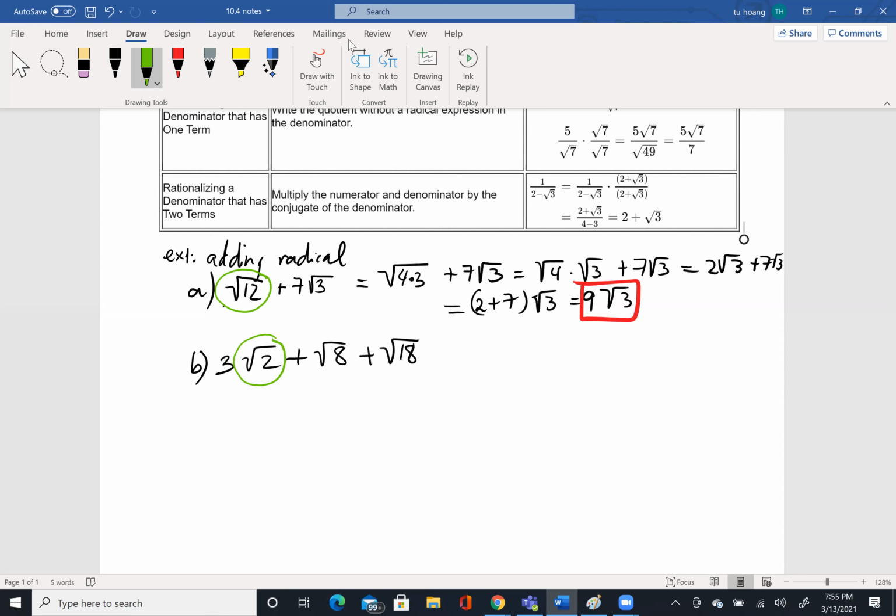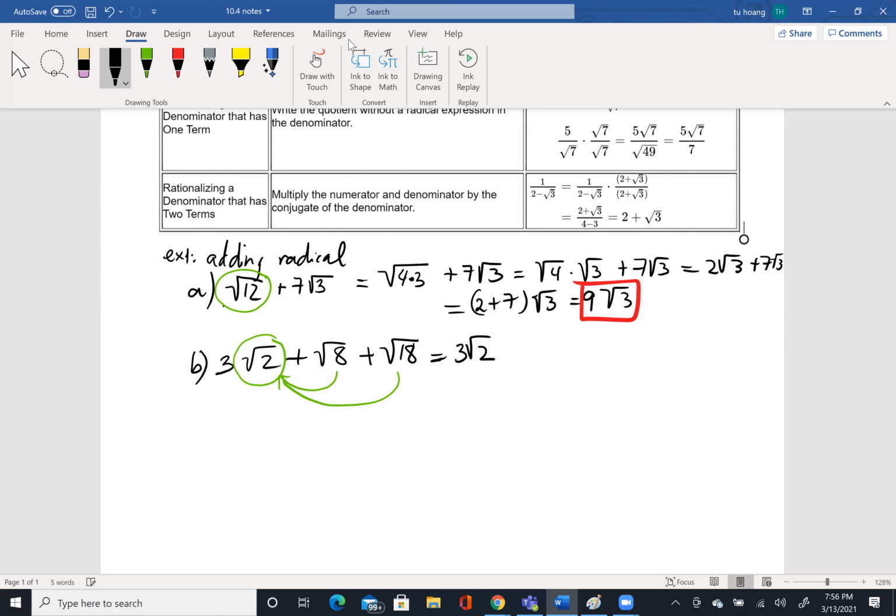So what I need to do is convert all the bigger ones to become radical square root 2. So that's my strategy.